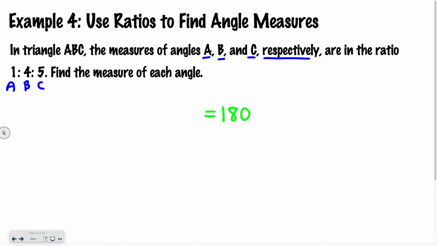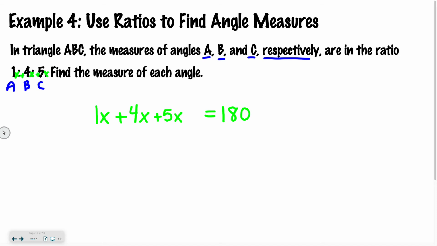Since we don't know what angle A is, we use 1x, plus angle B, which would be 4x, plus angle C, which would be 5x. When you're solving for ratios, you add x's in with your numbers, then you add them and set them equal to 180.